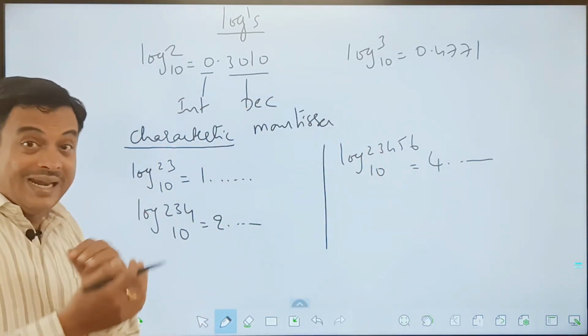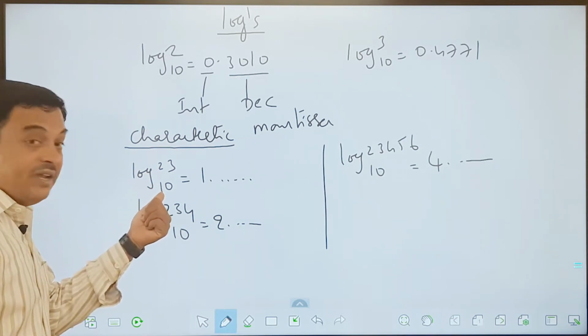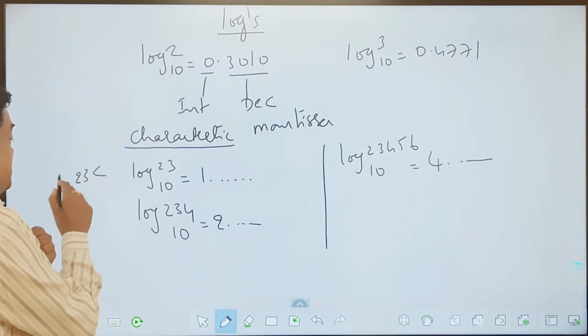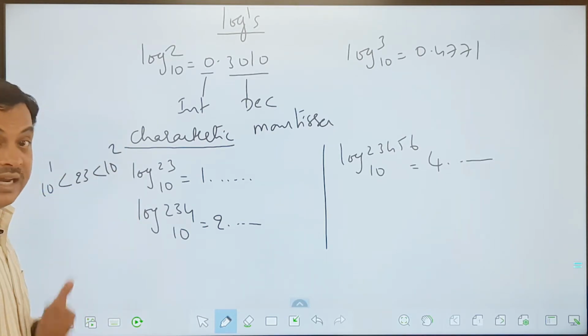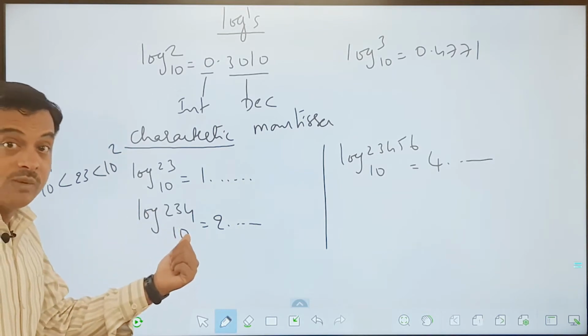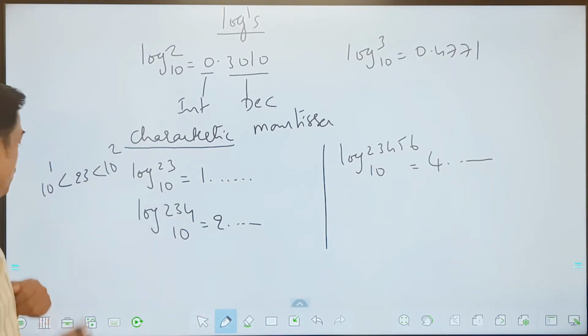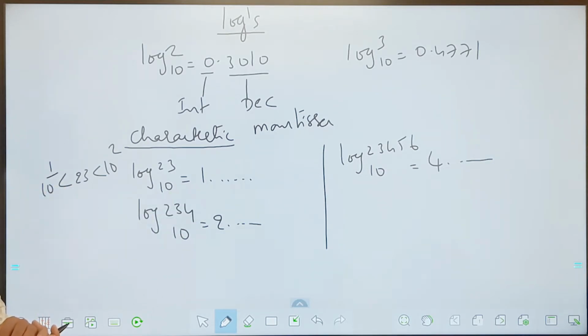Now, how am I declaring this characteristic value? What is the base, my friend? Base is 10. Can I say 23 lies between 10 power 1 and 10 power 2 or not? 10 power 1 is 10, 10 power 2 is 100. So 23 lies between 10 and 100, correct? So the smaller power is the characteristic value. You can see 1 is the characteristic value here.